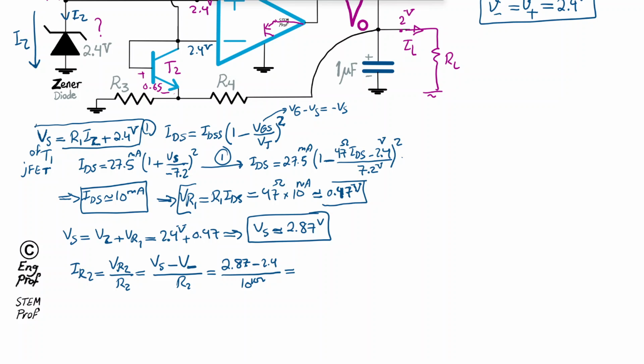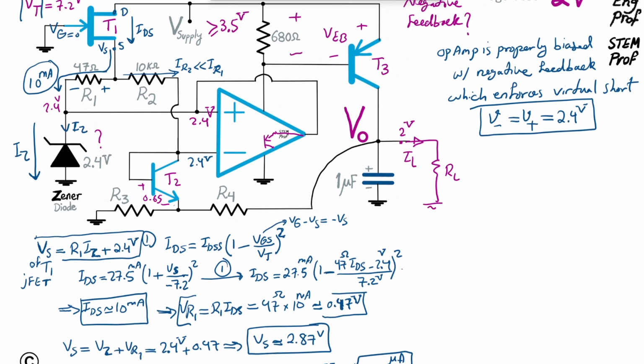So what we get out of this one is, of course, the same voltage drop, 0.47 volt, divided by 10 kilo ohm. That means the current of resistor number 2, the 10K resistor, is simply 47 microamp. Very small current.